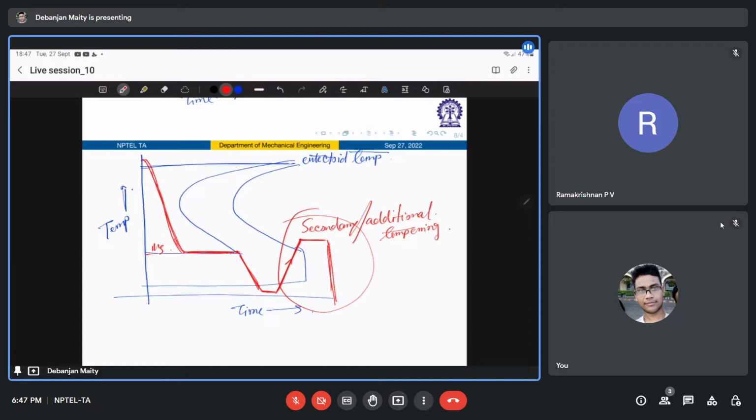So basically, martempering is transformation of austenite into martensite at the same time throughout the structure, right?